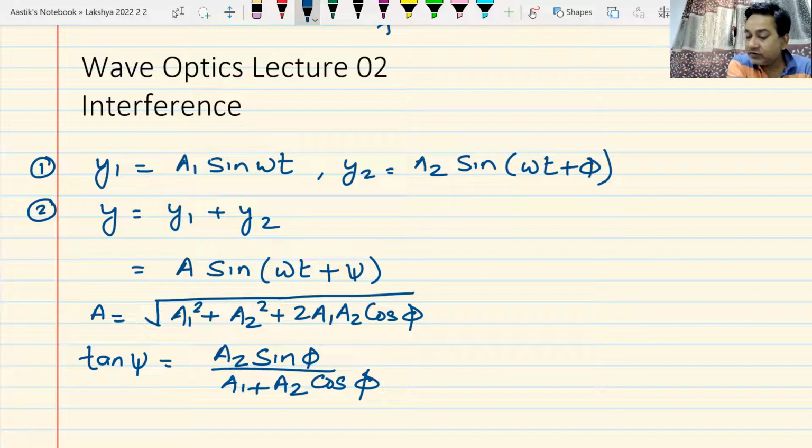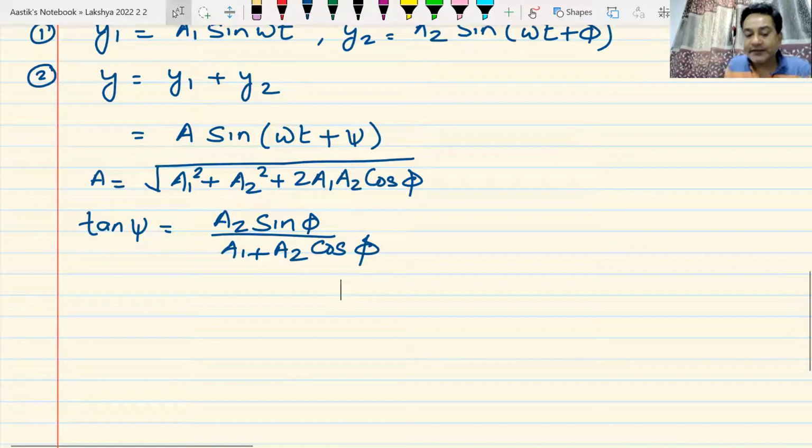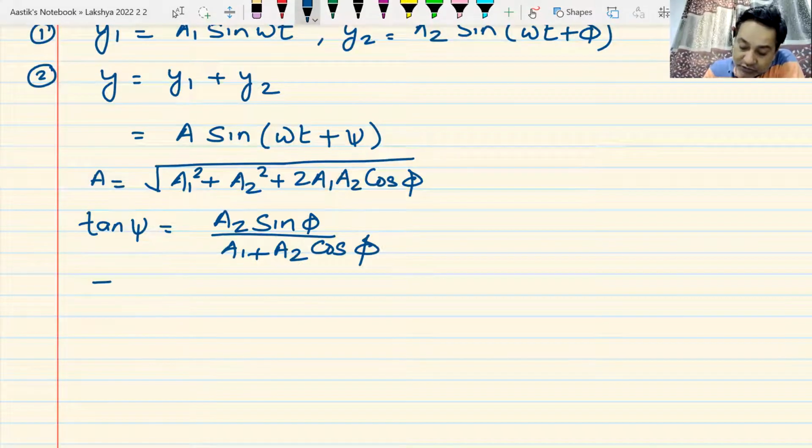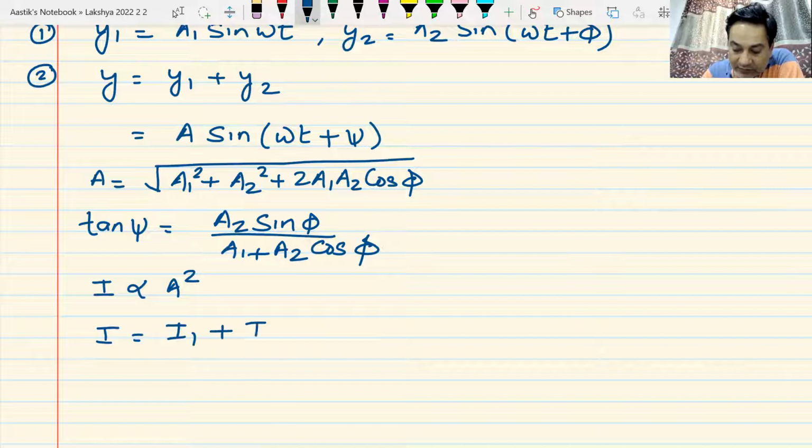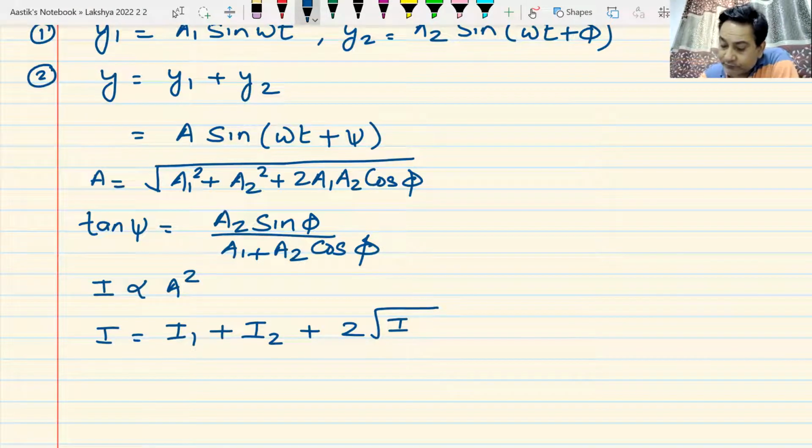Then we also saw the formula for intensity, and I told you intensity is proportional to amplitude squared. So the formula for intensity becomes I equals I1 plus I2 plus 2 times root I1 into root I2 cos phi.